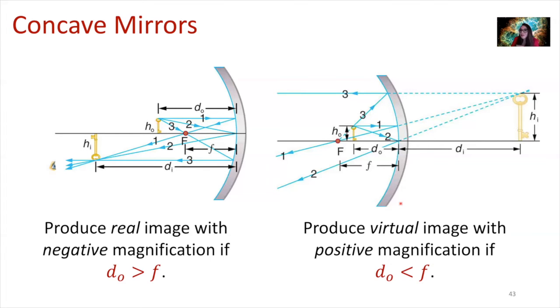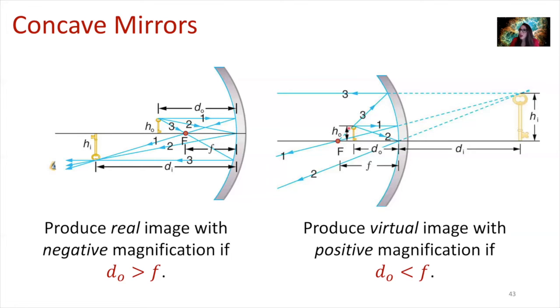Now we can get a virtual image for a concave converging mirror if the object is closer to the mirror surface than the focal length. So here we have our object closer to the mirror than the focal length.